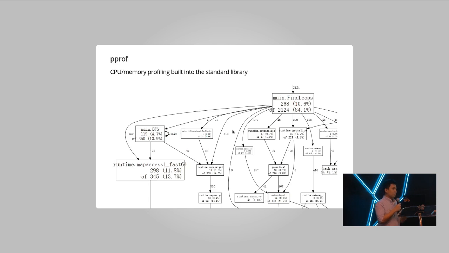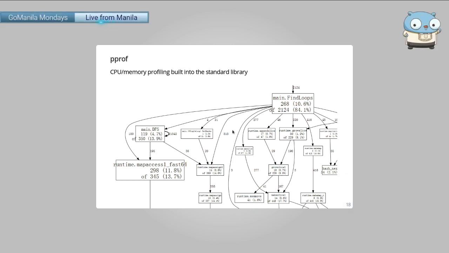There's also pprof. One of the use cases for Go is high-performance network services, or just in general, high-performance code. Most of the time, for most cases, you won't have to do anything fancy.